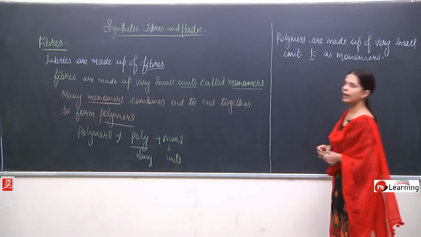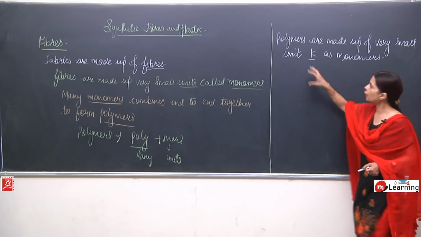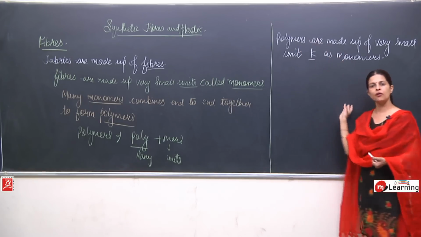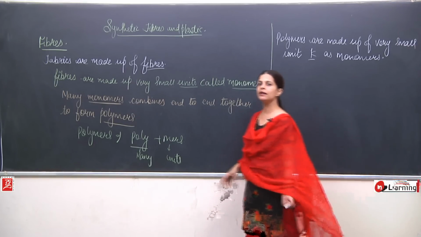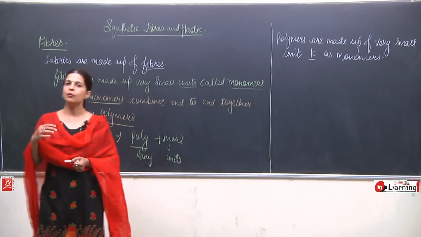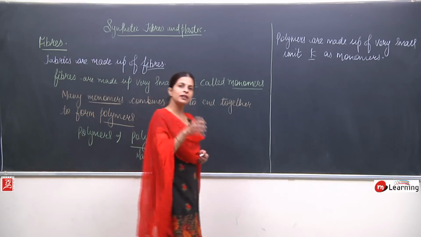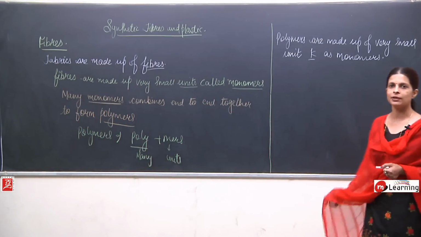Either we can write that monomers combine to form polymers, or a polymer is formed by the combination of monomers. That means when many monomers combine, they form polymers. Poly itself suggests many and mers means units.